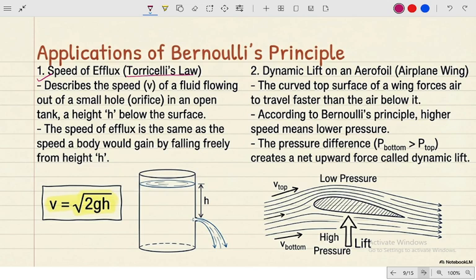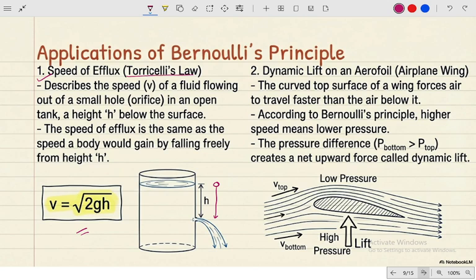The speed of efflux is the same as the speed a body would gain by falling freely from height h. That is, if a body falls from here, the speed at this point will be the same as the speed of efflux. And the speed of efflux is equal to root 2 g h. This is the speed or velocity of this water at this point, right? This is the speed of efflux, or you can say Torricelli's law.